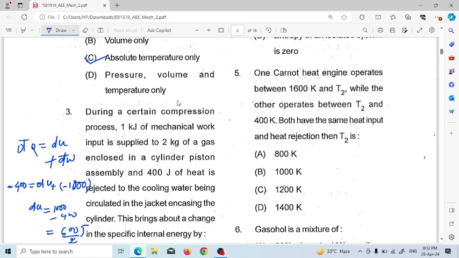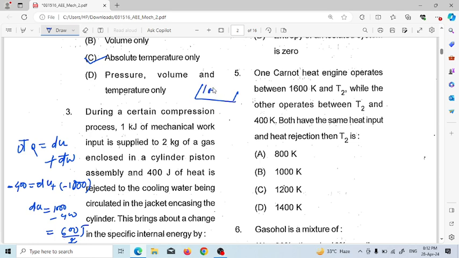Next, question number 5. One Carnot heat engine operates between 1600 Kelvin and temperature T2, while the other operates between T2 and 400 Kelvin. Both have the same heat input and heat rejected, then T2 will be. So let's draw the diagram.